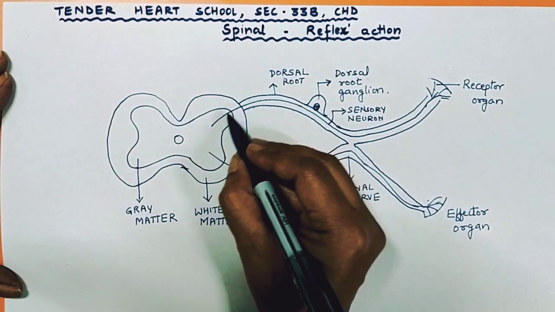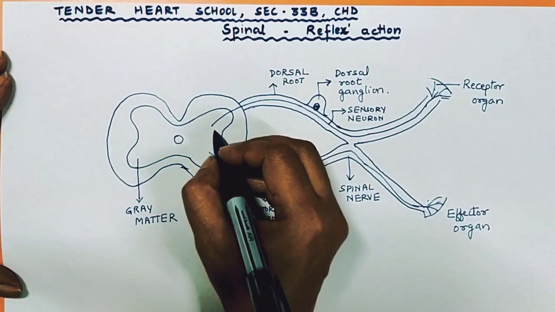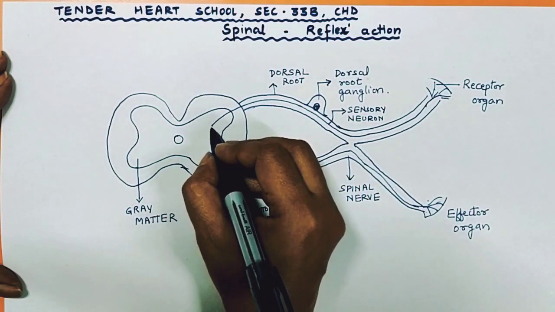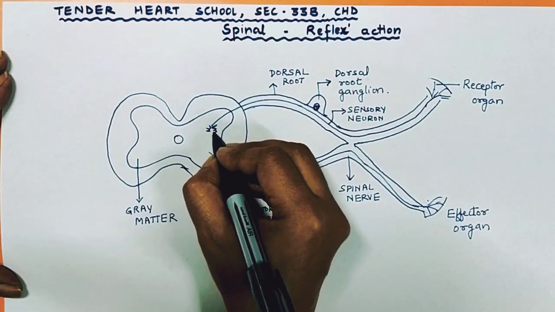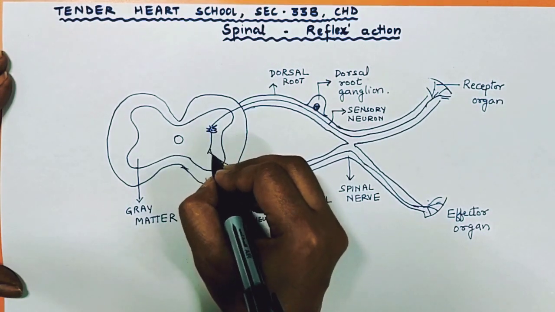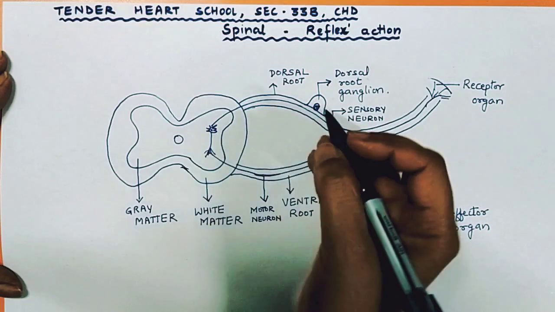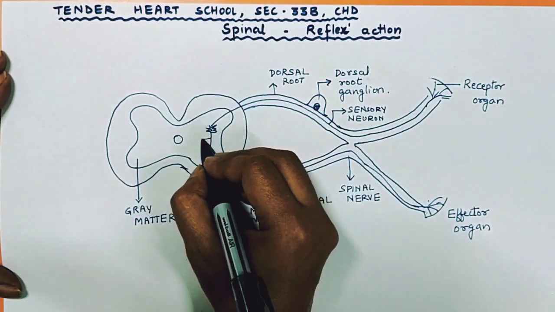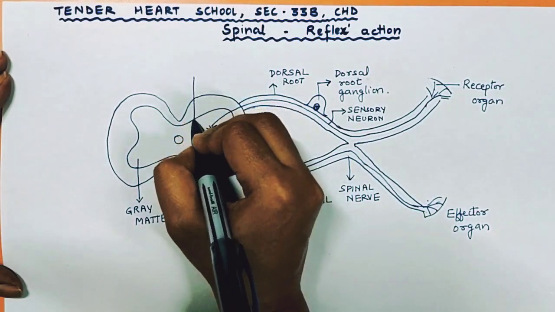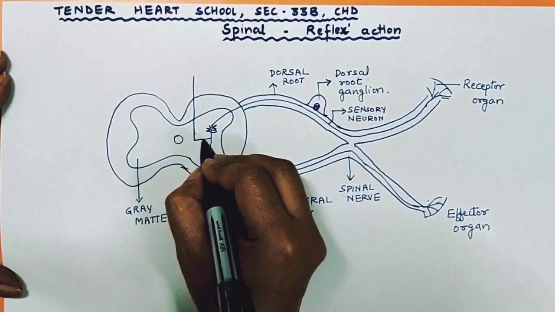Now joining the sensory neuron to the motor neuron we have an association neuron. So there is an association neuron which is joining the sensory neuron to the motor neuron. So this one you can label as association neuron.